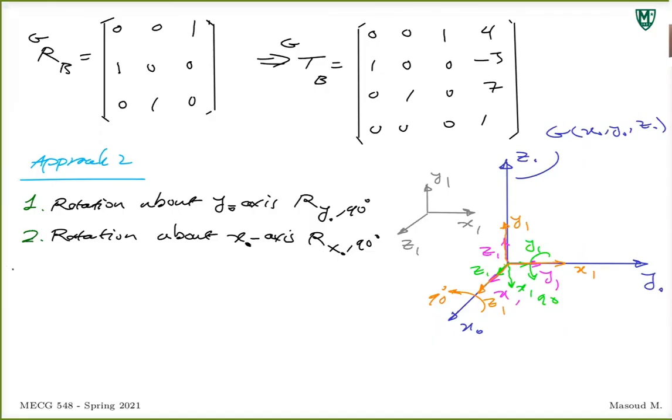Now we do the translation. Translation doesn't really change. It's the same as before. You go from where the origin is to where the origin should be. This vector, dg, should be represented in the global coordinate frame.